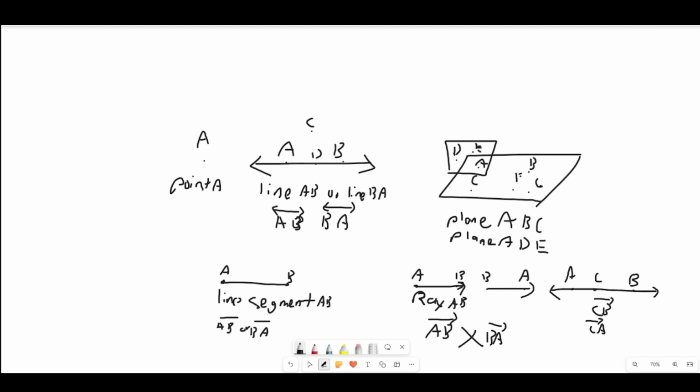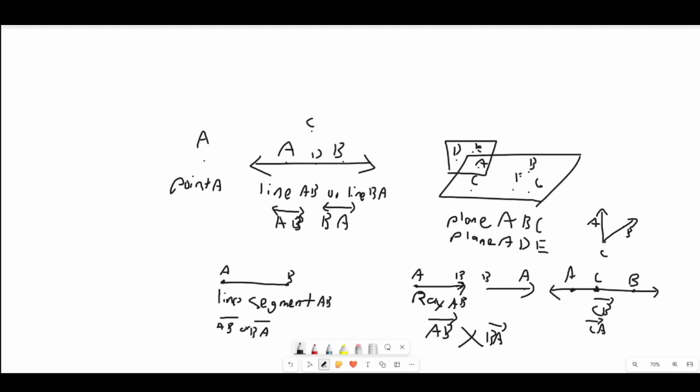So the thing is, CA and CB are something that's called opposite rays. Now, opposite rays basically means that one of the points is the endpoint of two rays going in opposite directions. So let's say this is A, this is B, this is C. AC and CA and CB are not opposite rays.